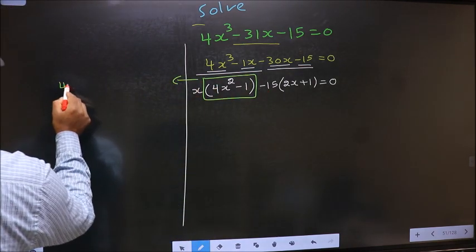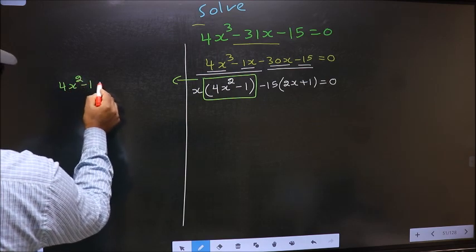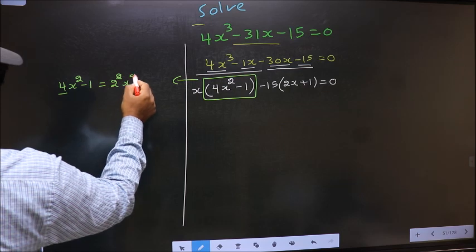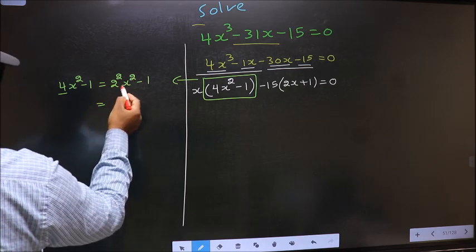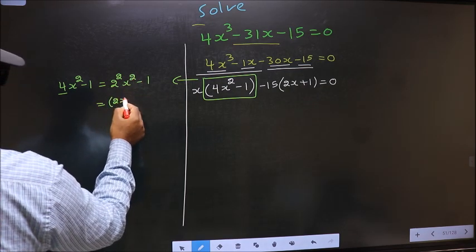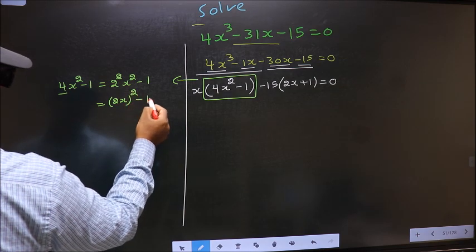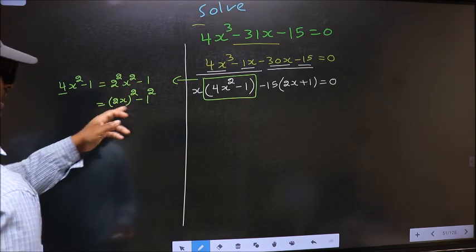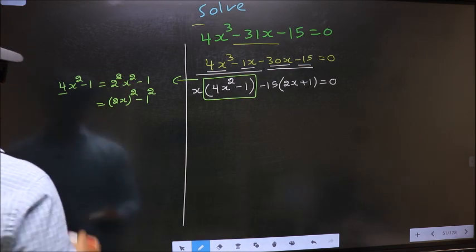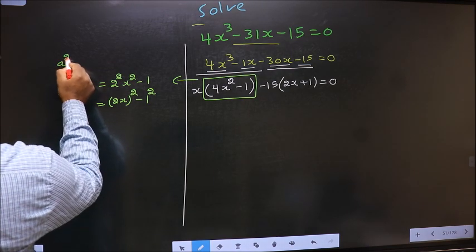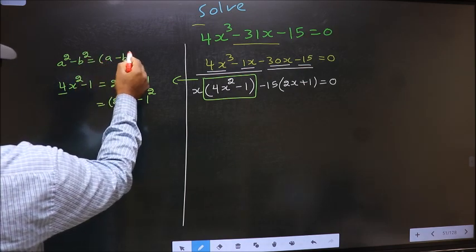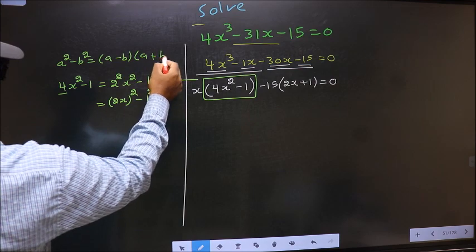That is 4x square minus 1 equal to, 4 I write as 2 square x square minus 1. 2 square x square is nothing but 2x whole square, and on 1 even if I put square it doesn't matter. Now on this we should apply the formula a square minus b square, that is a minus b times a plus b.